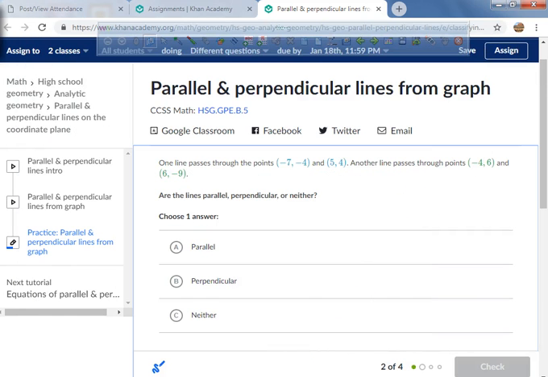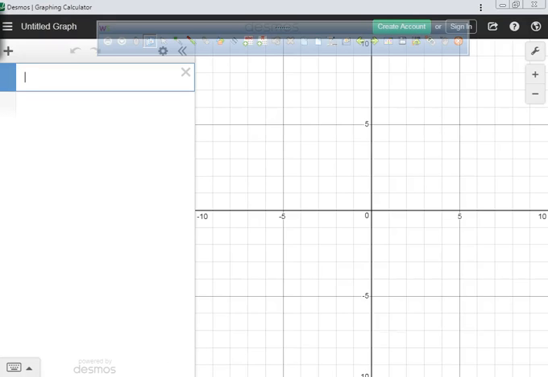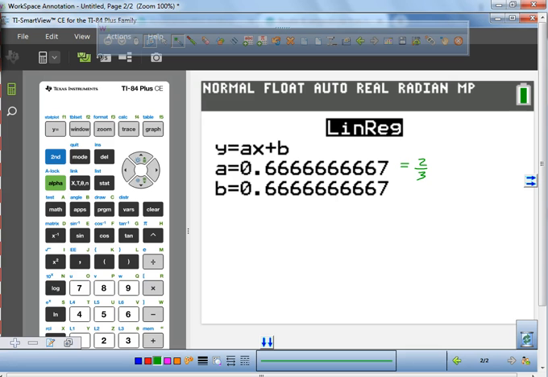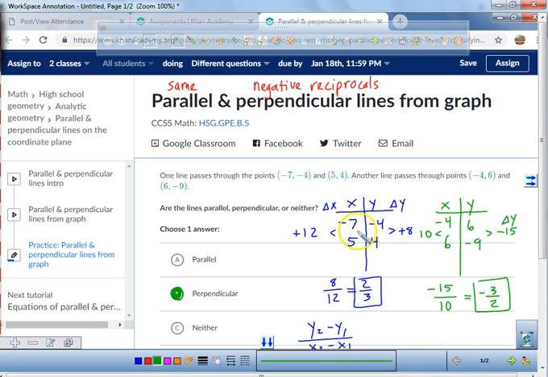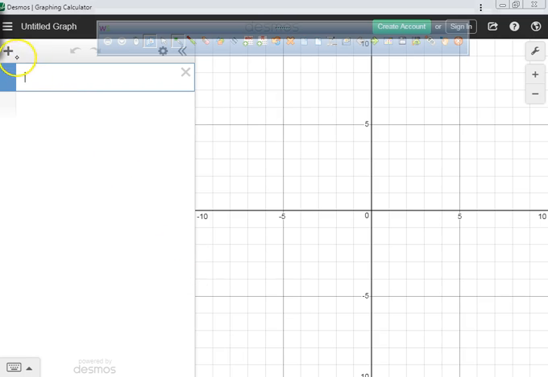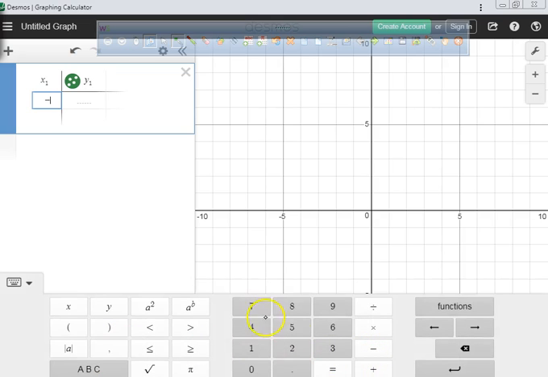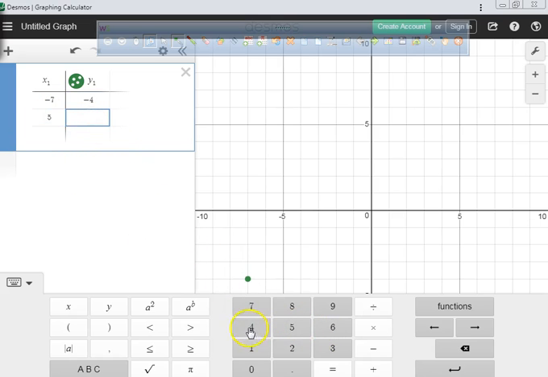Now the last thing we're going to do is show you how to find slope in Desmos. I'm going to take these ordered pairs, -7, -4, 5, and 4, and type them into Desmos. What you do is you add a table. So I'm going to type in -7, -4, and a 5, and a 4.